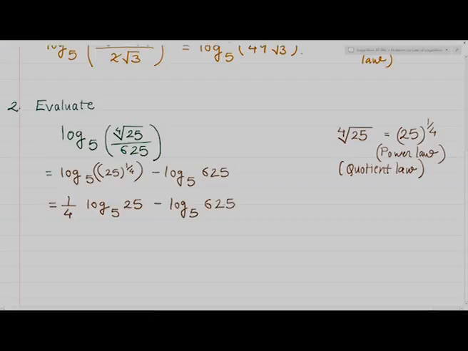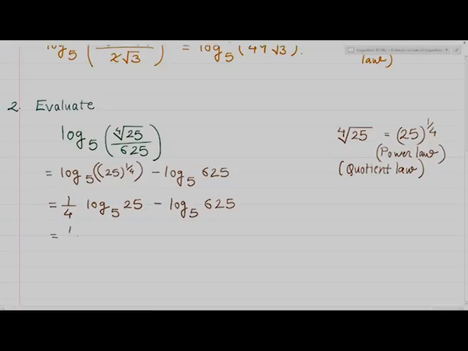Because my base is 5, and 25 is divisible by 5 and 625 is also divisible by 5, the question I can ask is, can I write 25 is equal to 5 raised to x, which is our 7th rule.